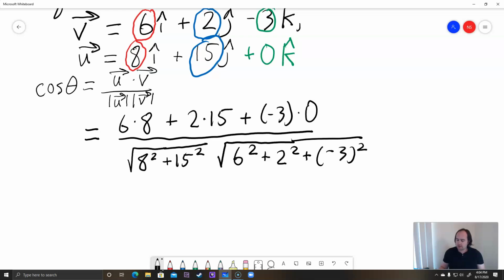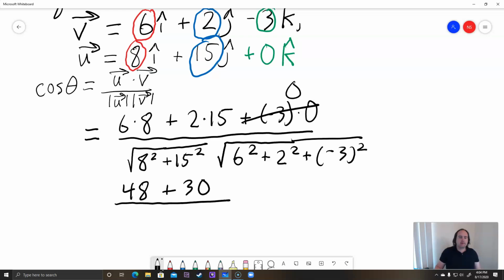Okay, and then we can just simplify all this. So top left we have 6 times 8 is 48. Top middle 2 times 15 is 30. So we have 48 plus 30. And then negative 3 times 0 is just 0. Okay, so on the top we have 48 plus 30. And then 8 squared is 64 on bottom left.